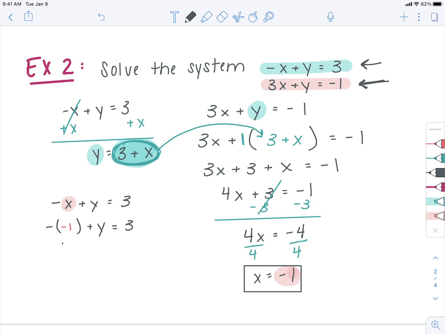Two negatives make a positive, so it's really 1 plus y equals 3. And then I can subtract 1 from both sides, and I get y equals 2. So now that I have x and y, I'm done solving that.